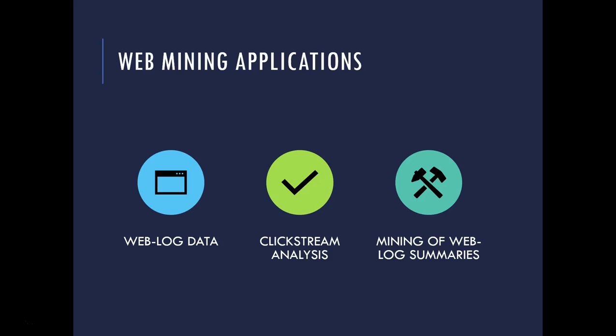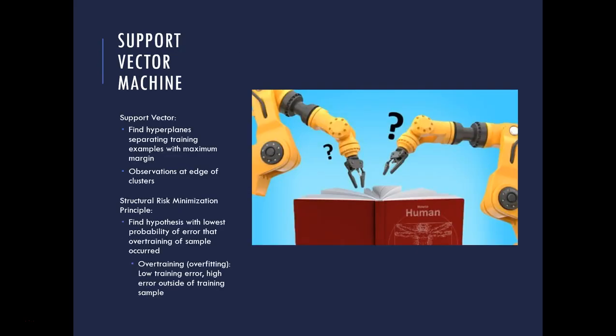We can use weblog data, clickstream analysis, and you can mine weblog summaries. And we've got another tool that's sometimes used to optimize such systems in data mining called a support vector machine. So support vector machines find hyperplanes, which are the best line in 2 dimensions, or triangle or surface area in 3 dimensions, that separate data into categories with a maximum degree of difference measured by some function.